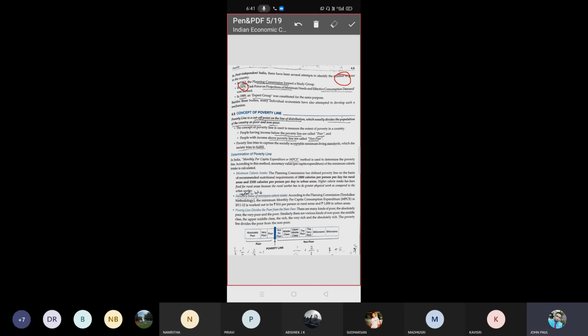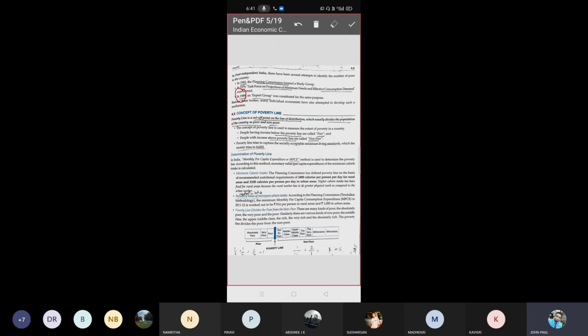In 1979, the Task Force on Projection of Minimum Needs and Effective Consumption Demand was formed. This was another committee. Minimum needs means the basic needs. Their motive also was to identify the number of poor in the country.